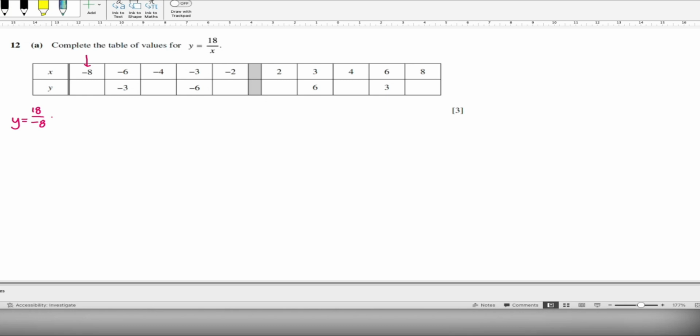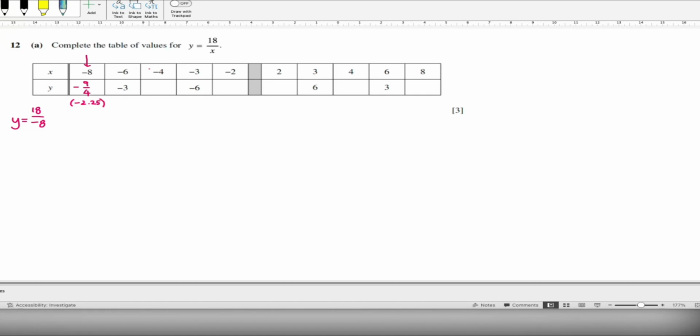If you punch this into your calculator, what do you get? You will get -9/4. Okay, so that is the first missing value. If you want to write it as a decimal, it will be -2.25. You can write it as a decimal as well.